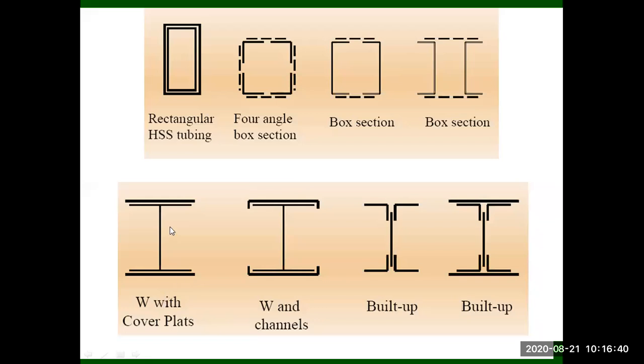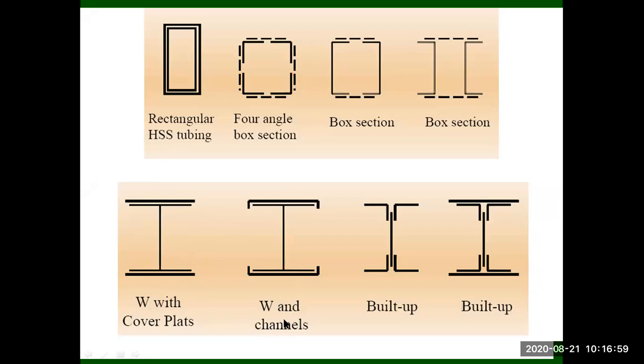Next, a compression member we can use is the I section with cover plates. The cover plates are used at the top and bottom. In this way we can use the I section with cover plates as a compression member.